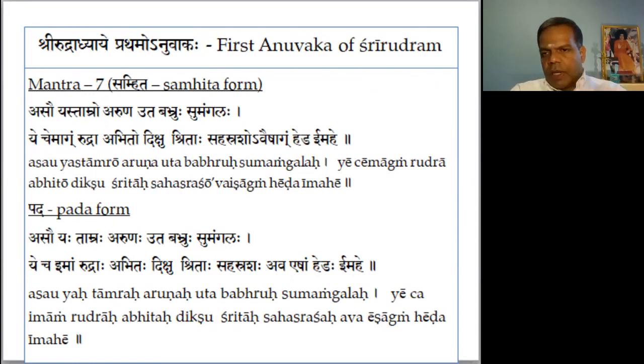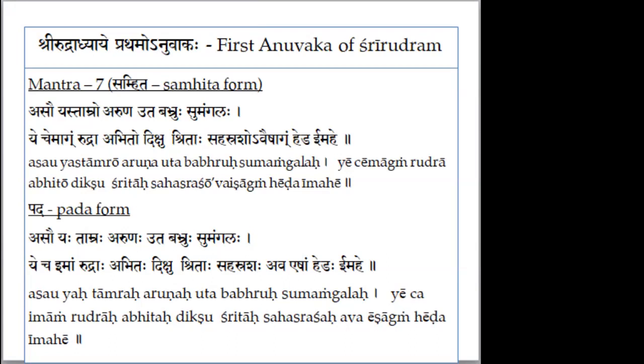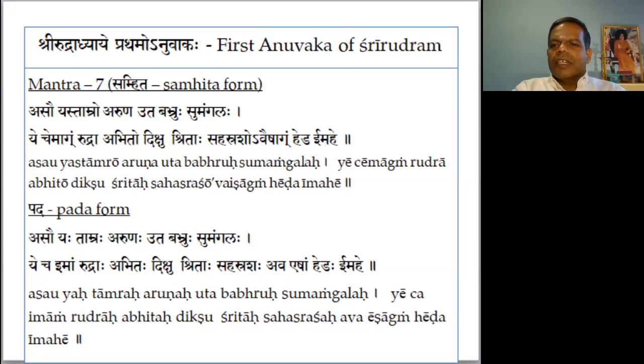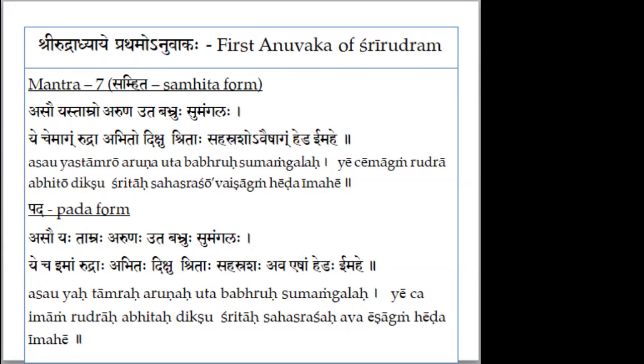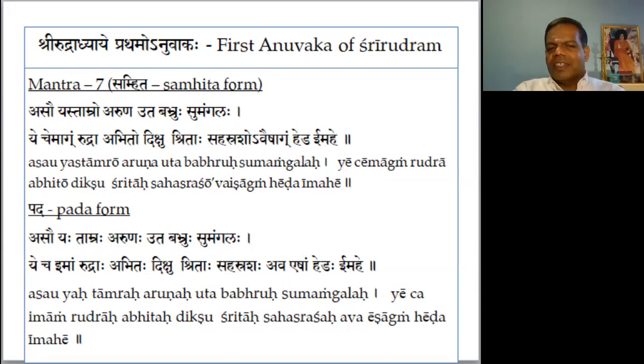There are three shades of color, because in Vedic literature you will find a lot of mention of color, varna, hiranya varna, like that. The color is actually a reflection of sunlight. Any color we see is a reflection of the sunlight itself. That itself is light. The color is also light.